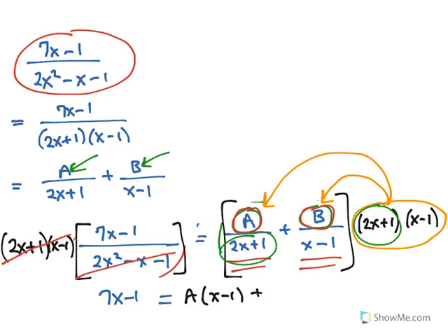And when you distribute the LCD to the second partial fraction, the denominator x minus 1 will cancel with x minus 1, leaving you with B times the other factor from the LCD. We call this the basic equation.